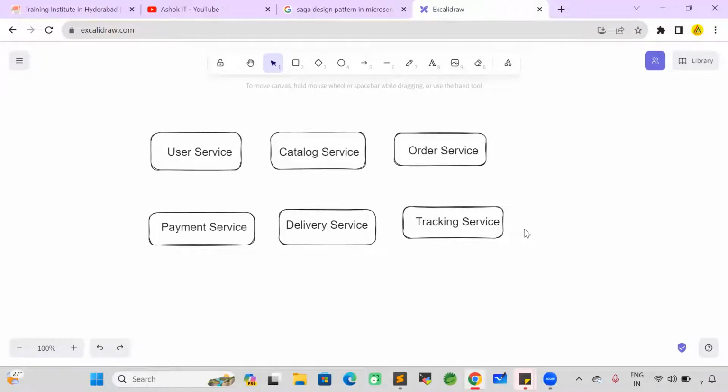So in our application, multiple services will be available like this. These are called microservices. Microservices are nothing but independently deployable services. Every microservice will have its own data, and every microservice is responsible to perform some operation.